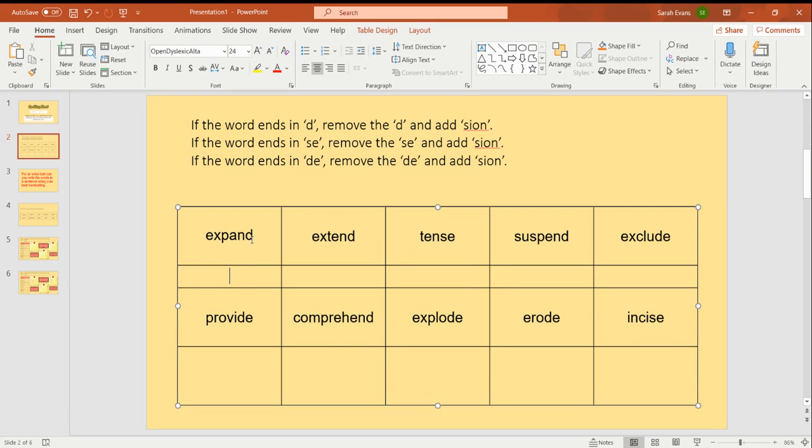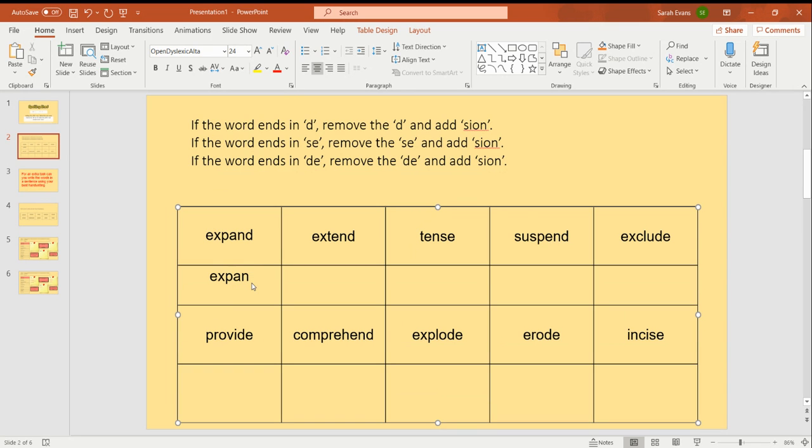Okay, so expand. What I'm going to do is take off the D and add shun. Now, expansion is where you make something bigger. Sometimes on your iPad, you might use your fingers like this and do an expansion on something.